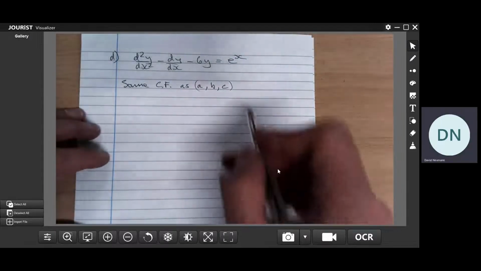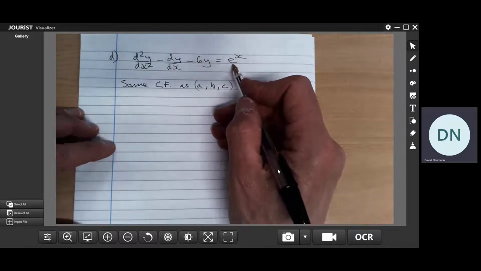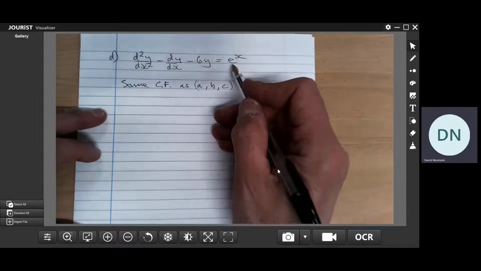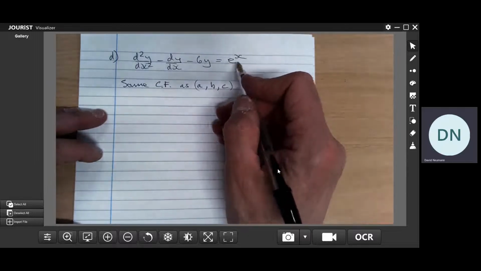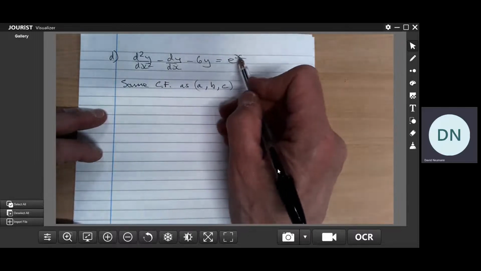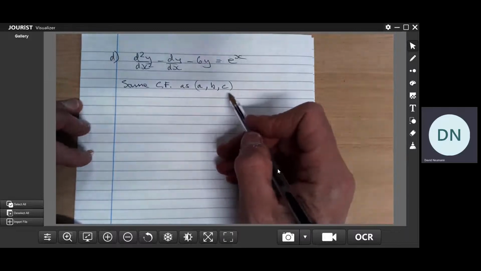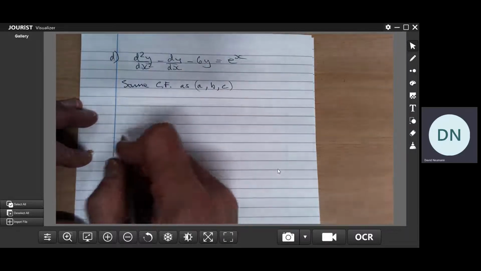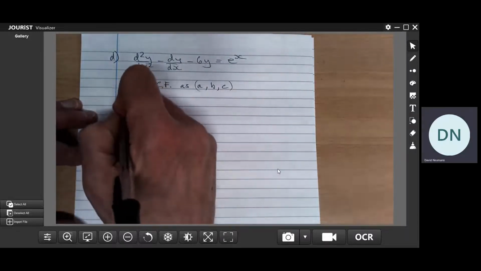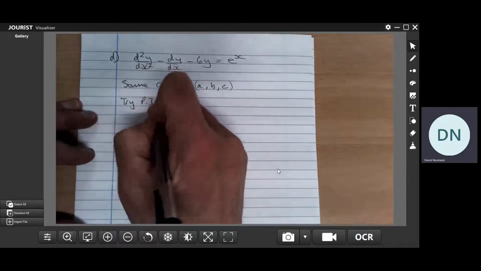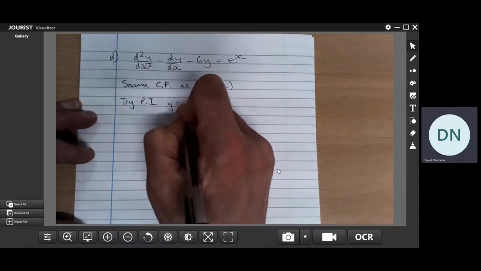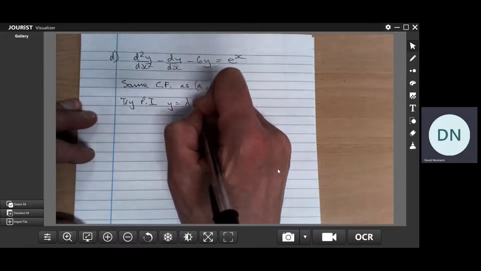And we're going to make our particular integral something times e to the x. If we had e to the 5x here, we'd make it something times e to the 5x. So we're going to try PI y equals lambda e to the x.